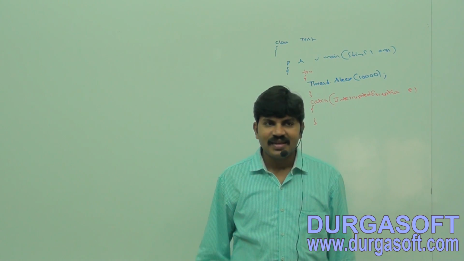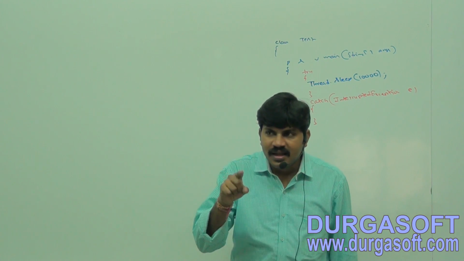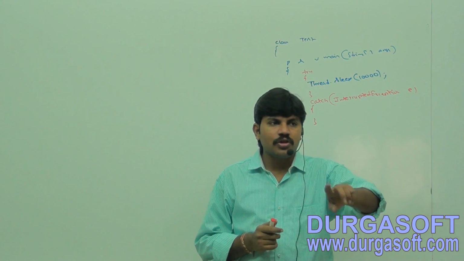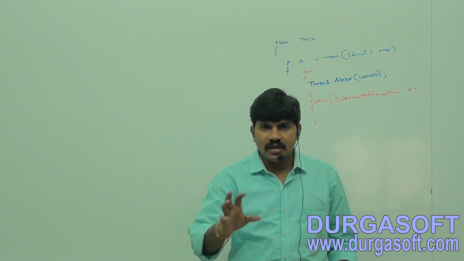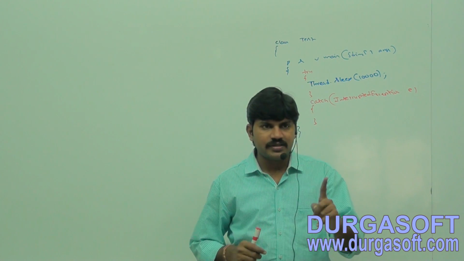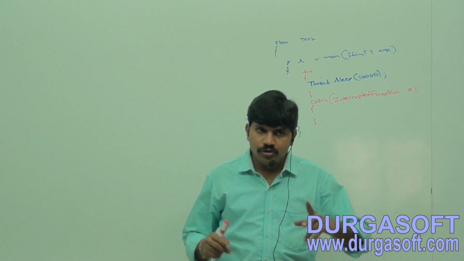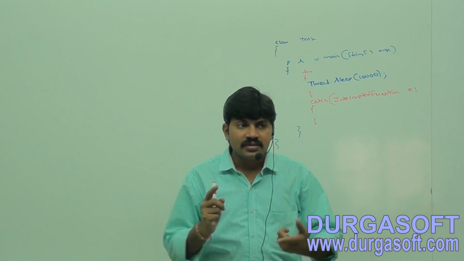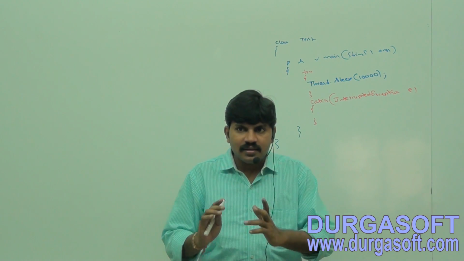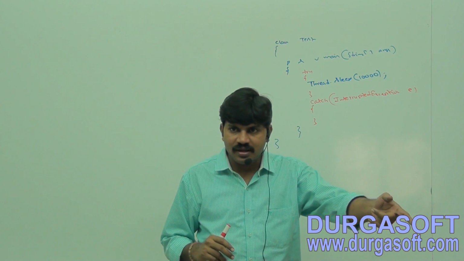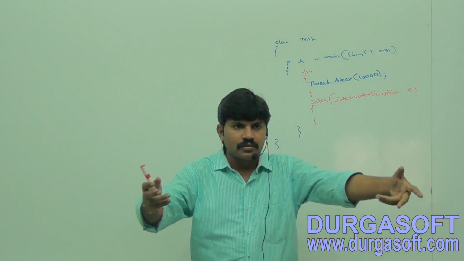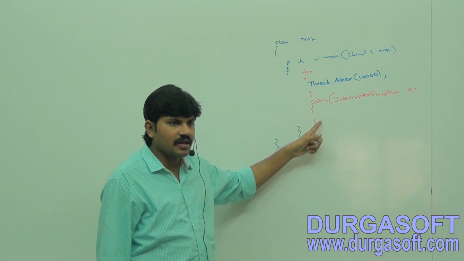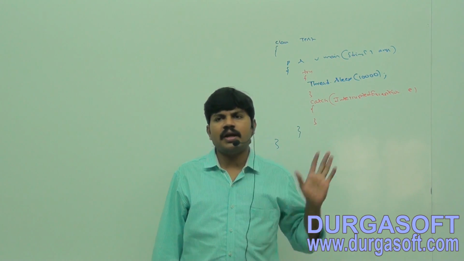Second option, delegate that work to your friend. So if I give you some work, in how many ways are you going to handle it? Two ways. The first is to do it on your own. The second is to delegate that work to your friend. Handling the exception on your own is try catch. Or, boss, I don't want to handle it.